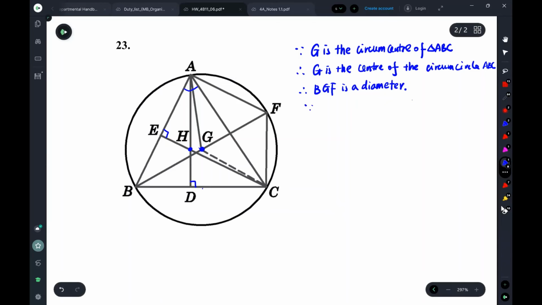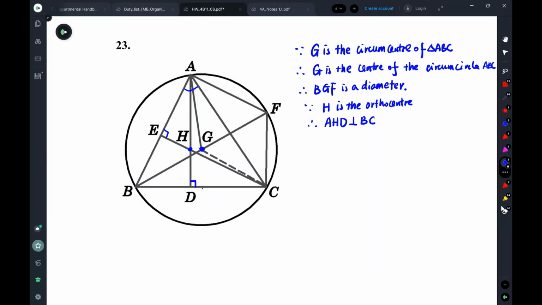Because H is the orthocenter, AHD is perpendicular to BC. Also, at the same time, this is 90 degrees as well.